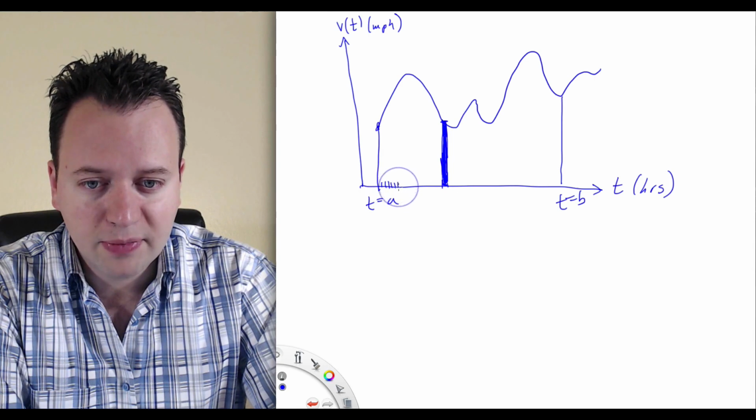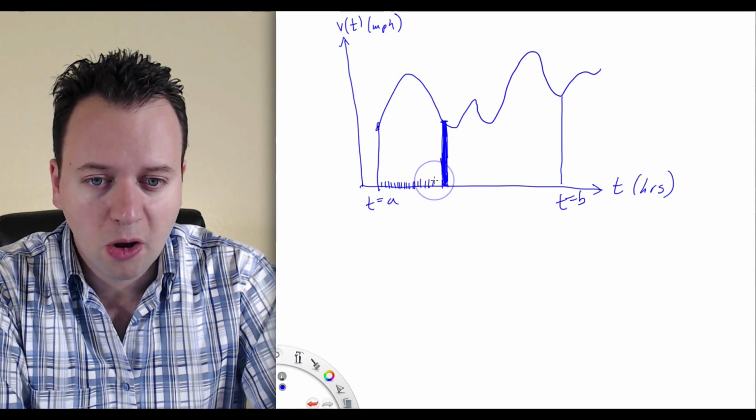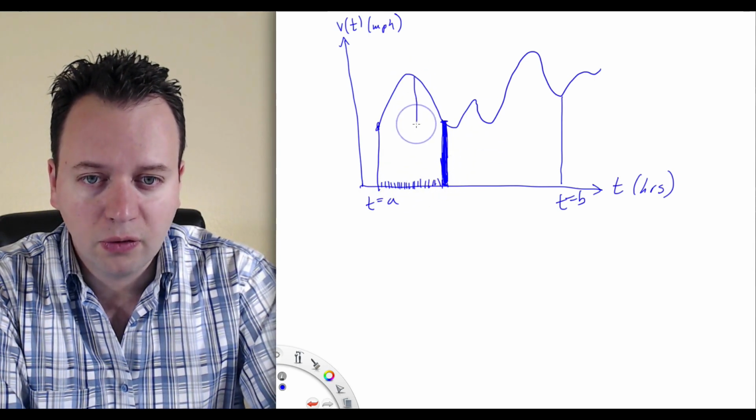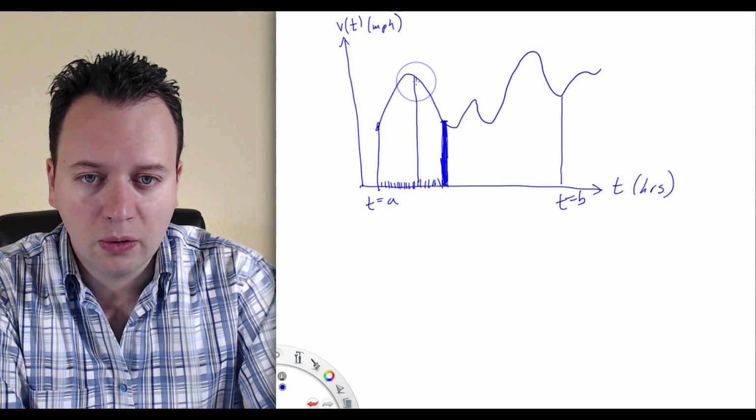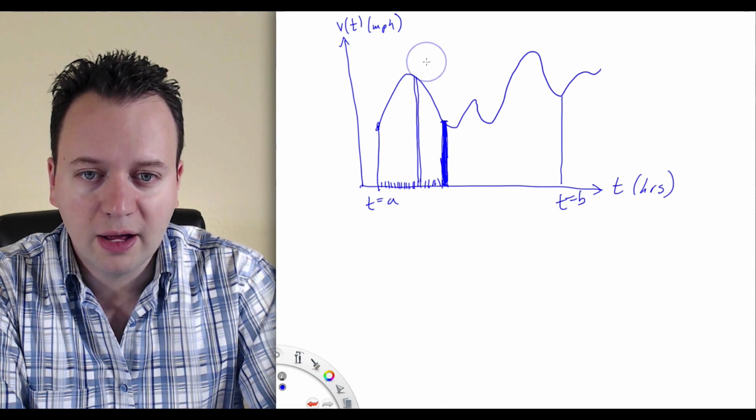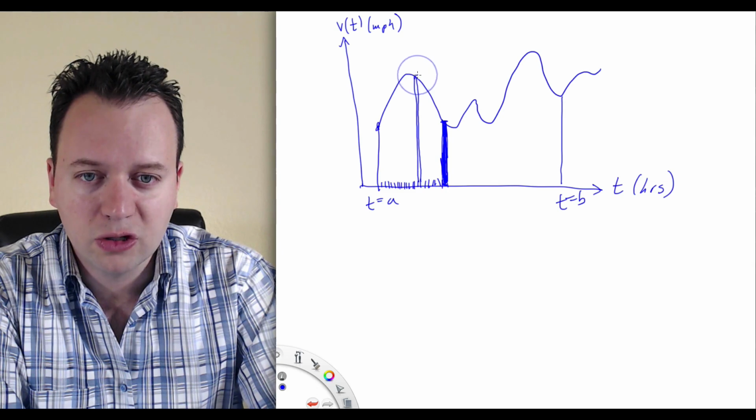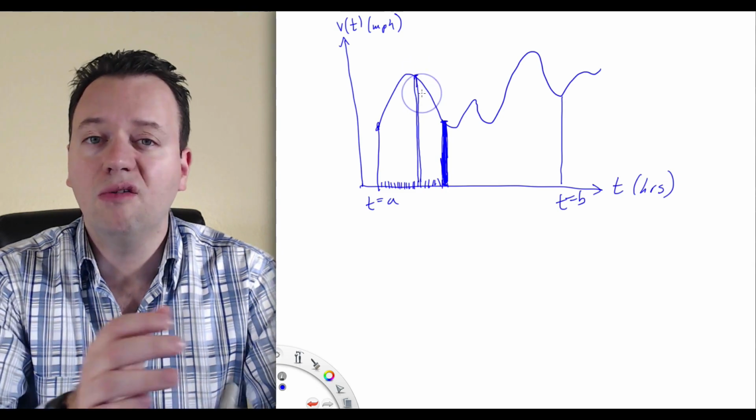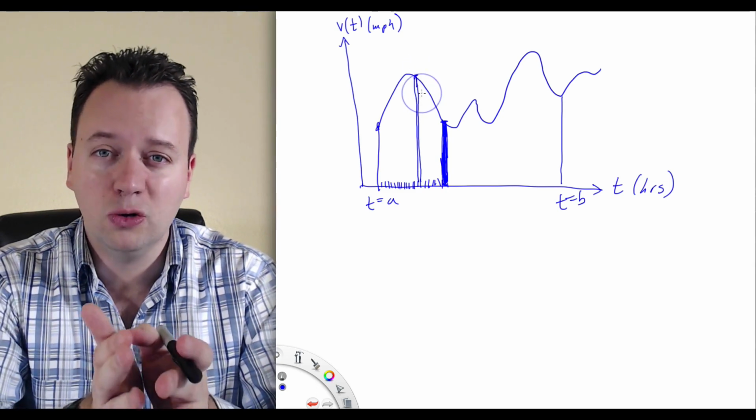We can basically chop this up with a bunch of small little intervals, and then each interval has a rectangle, and for that short period of time, the function is approximately constant, so the area of that rectangle is very close to the actual distance.